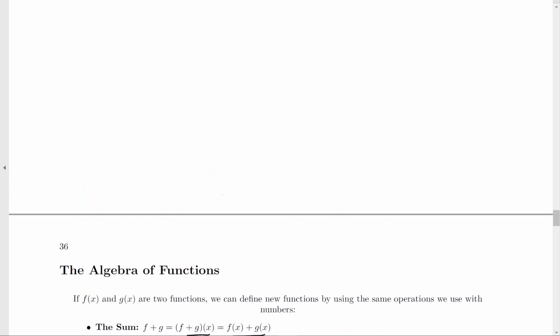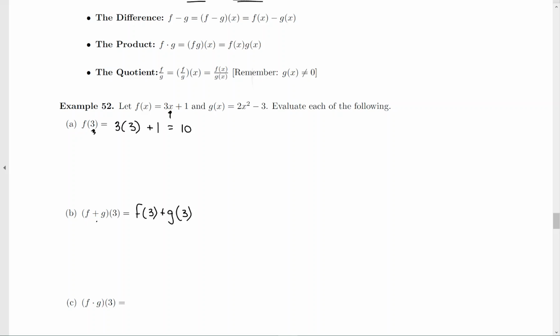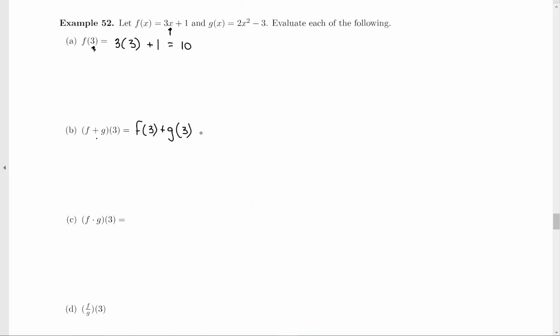We already know what f of 3 is equal to. F of 3, we found up from part A, was the number 10. So we have this is equal to 10 plus, and now I just need to figure out what's g of 3. So you go up here to the g function and substitute in the number 3 for x.